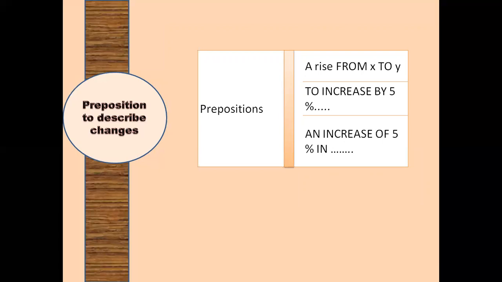So x is 2010 and y is 2020, to increase by 5%. If there is an increase of so and so percentage, then you can write to increase by 5%. By is here a preposition. Or you can write this in other words, such as an increase of 5% in. So in and by are prepositions, just like from and to in the first one.